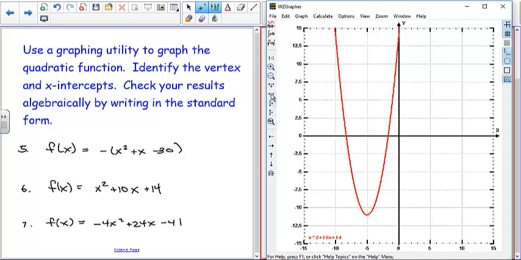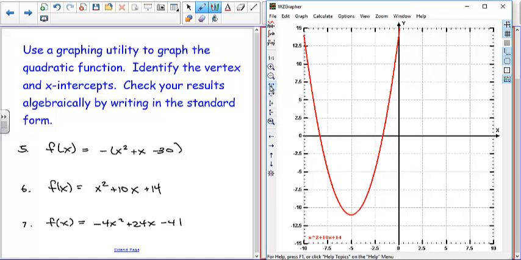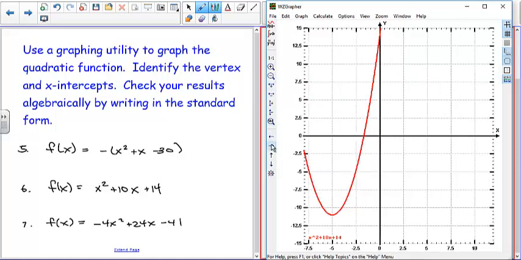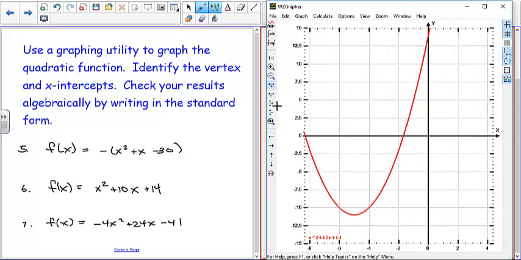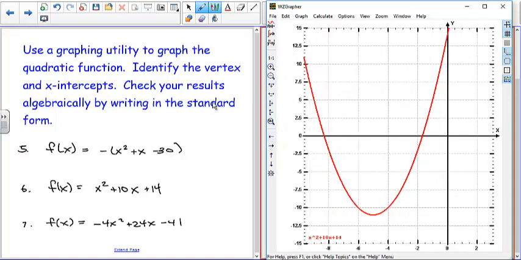So if I zoom a little bit in the x direction, and then move it to the left, sorry, and zoom in, move a little bit to the right again. Okay, so that looks good. So you can see the vertex is about -5, -11.